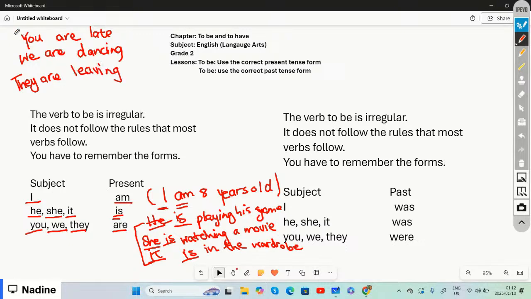But we use the subject you with are, we are, they are. And that is in the present tense. That is when we say the verb is irregular but in the present tense form.